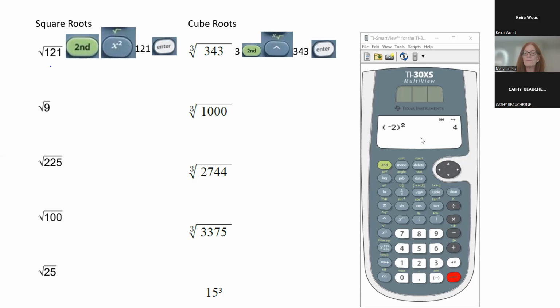We'll try the first one, square root of 121. Enter, it's 11. I'm going to clear this. Square root of 9, 3.